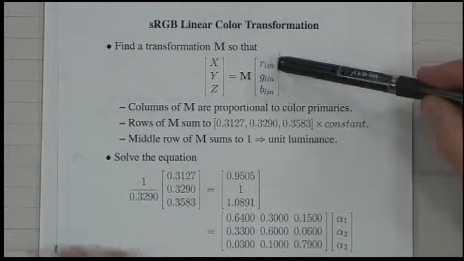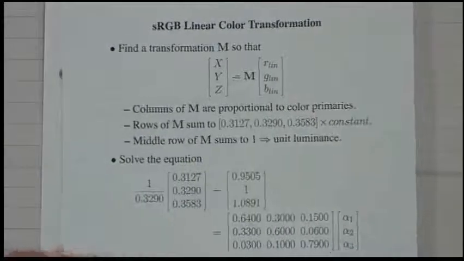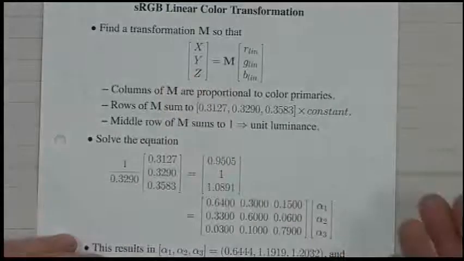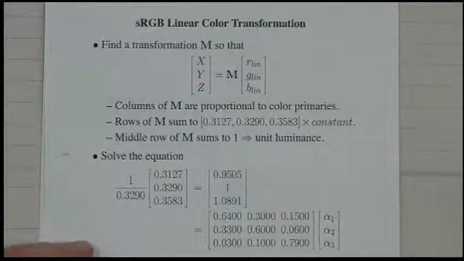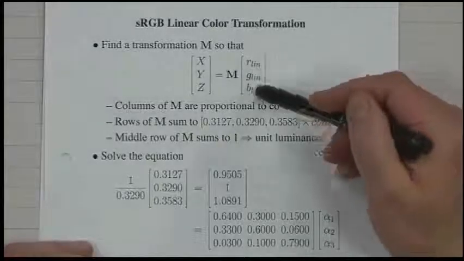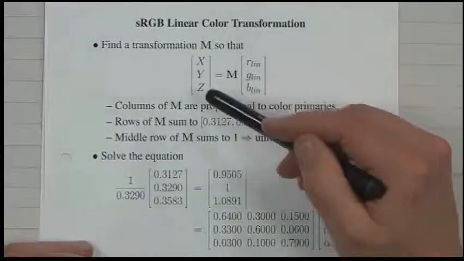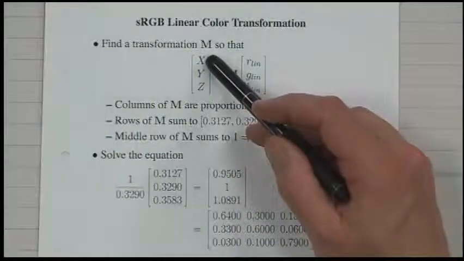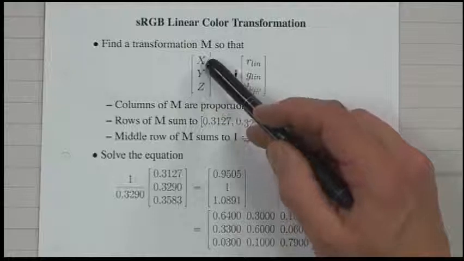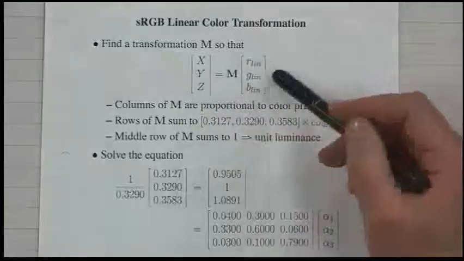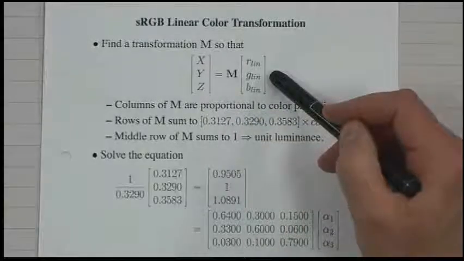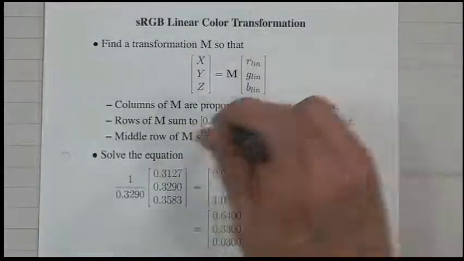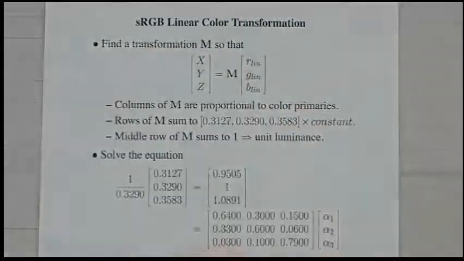So from that you can calculate the matrix M that will get you from RGB to XYZ. So basically, and I talked about this two lectures ago, the idea is that if you can relate everything to XYZ, where XYZ is a standard color space where XYZ equals 111 is equal energy white, right? Then you can get from any color space to any other, because you can always take it from whatever color space you're in to XYZ, and then back to whatever color space you're going to, right?